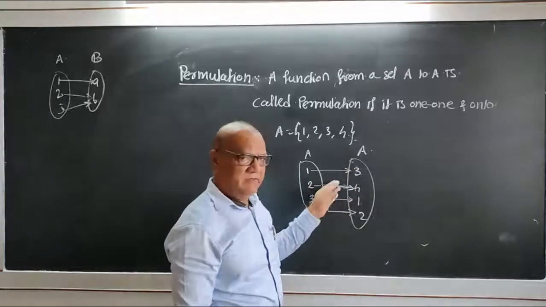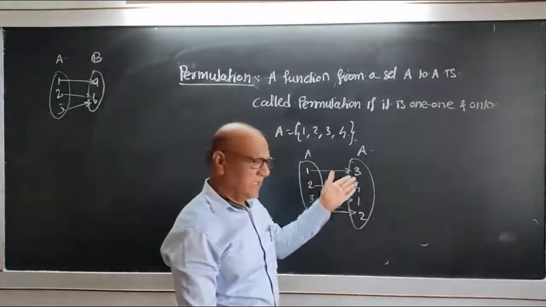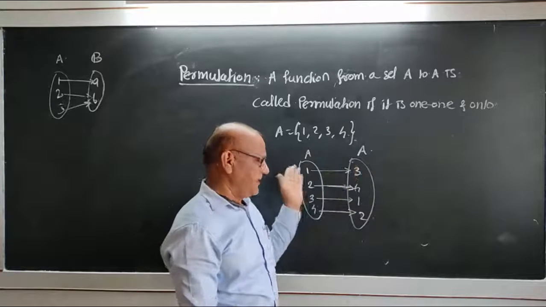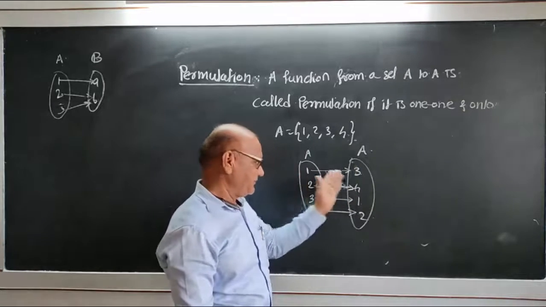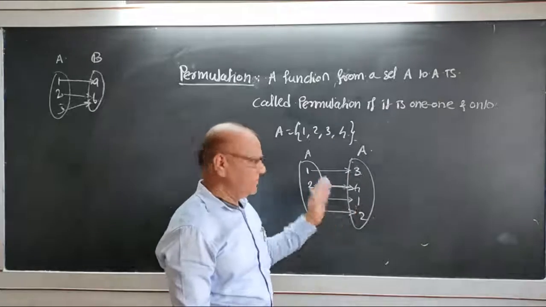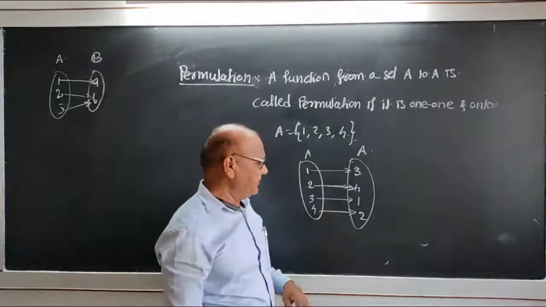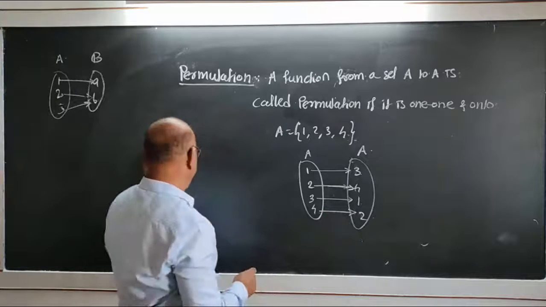This function is one-one, and also onto, because every element of codomain has a pre-image. It is one-one and onto, so it is a permutation.